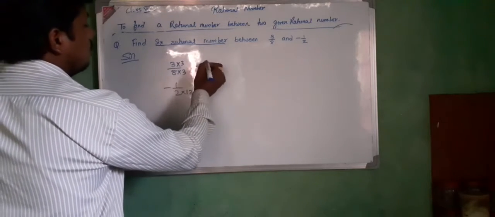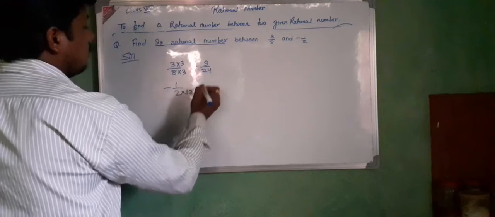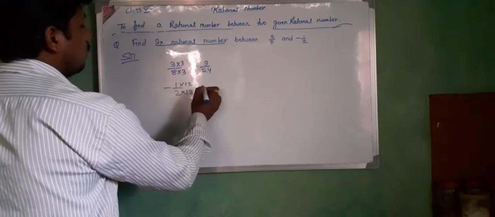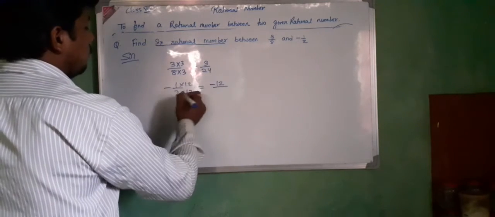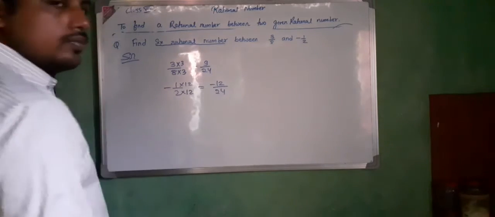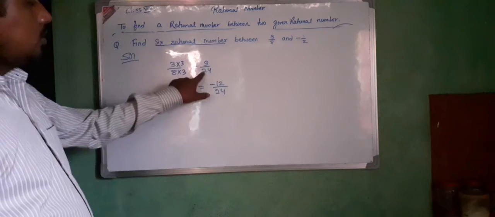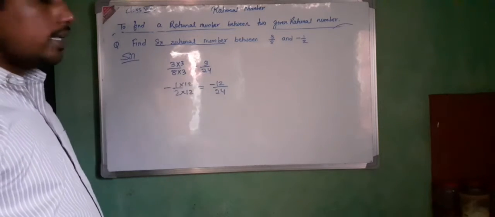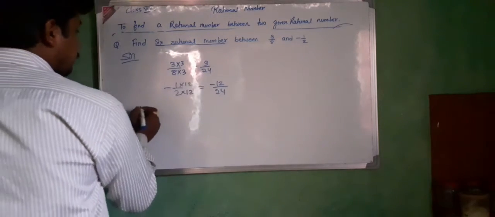So let's see how much we get. 3 3s are 9, 8 3s are 24. Here, minus 12 by 24. So what we'll see? Denominators are the same, numerators are different.